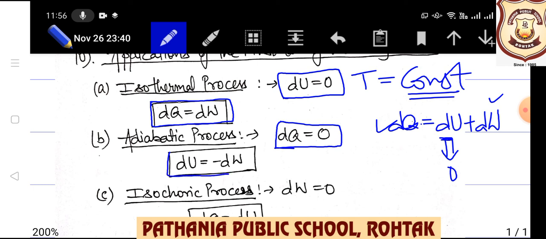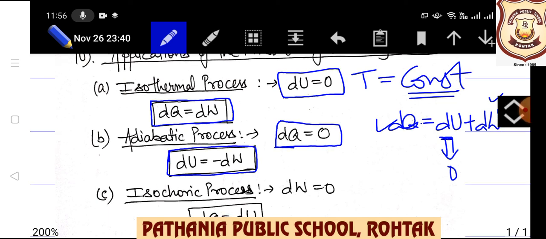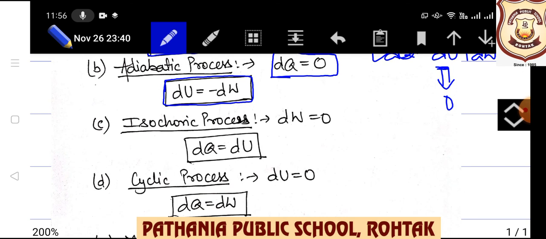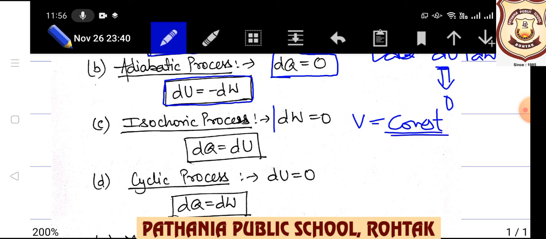For the melting process, we have dq is equal to ml, where m is the mass of the substance and L is the latent heat which is required to change the physical form. If this happens without change in volume, dw becomes 0.